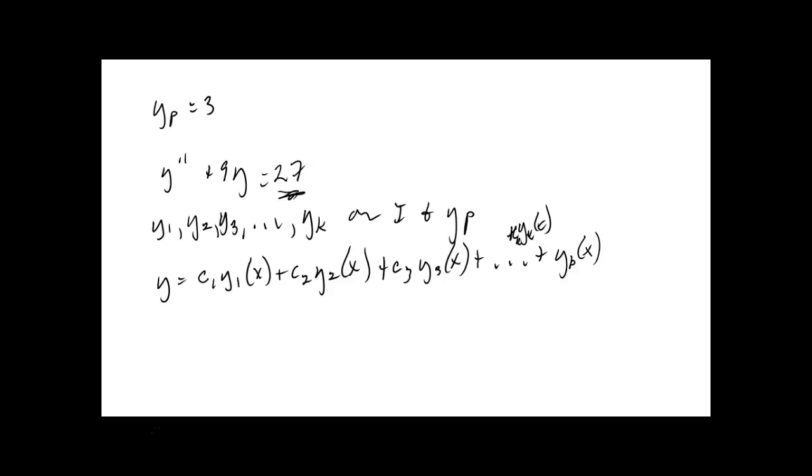Okay? If you think about it, it makes sense because the linear combination, all that part is transformed into 0 with the operator that we were using before, whereas y sub p is transformed into g of x.